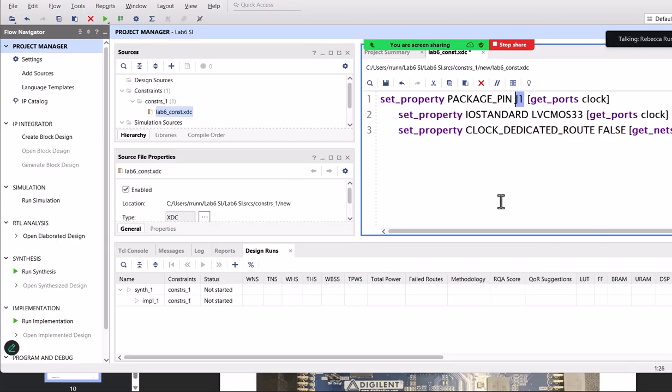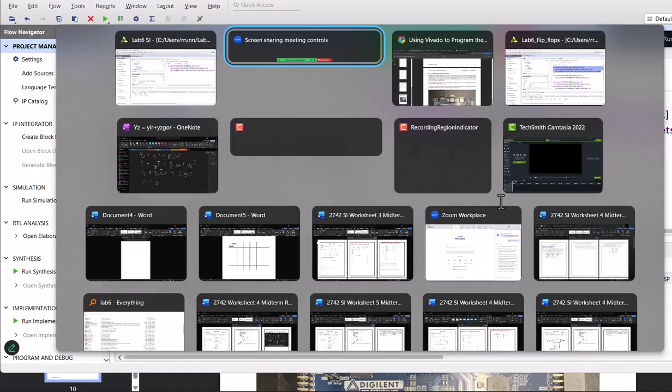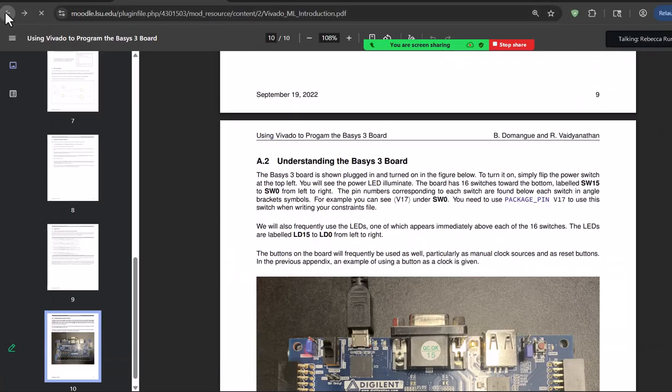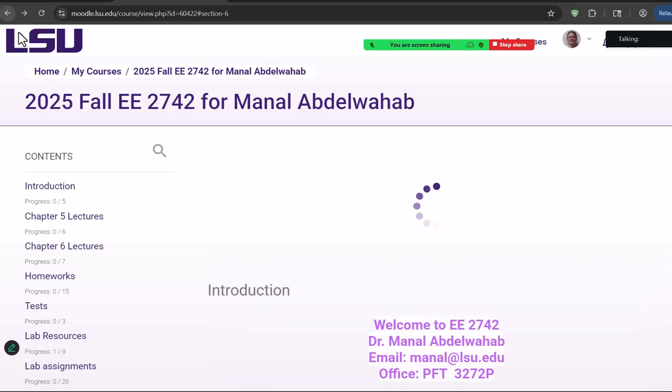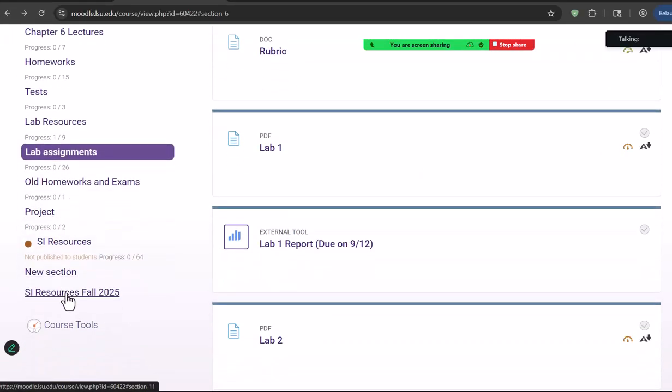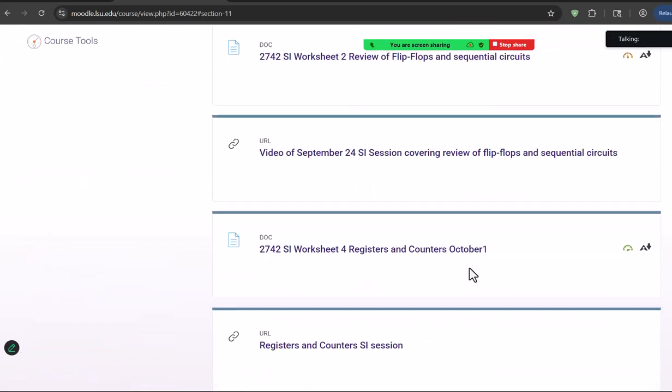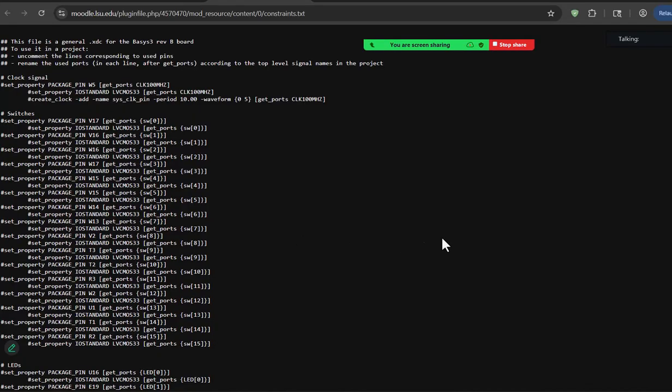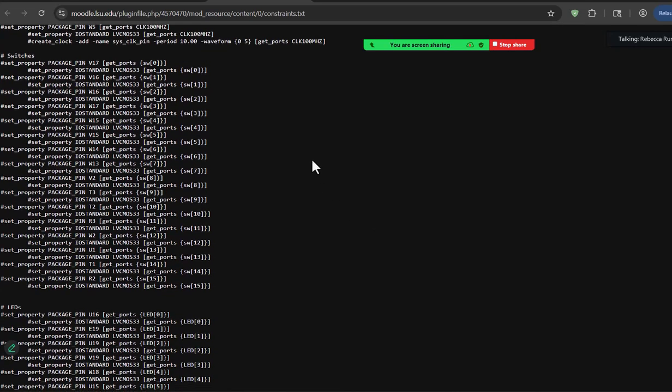We are going to need a switch for saying if something is 1 or 0, and we're going to need an LED to do an output. So let's go back to our list of constraints. And I'll just use switch 0, which is V17.